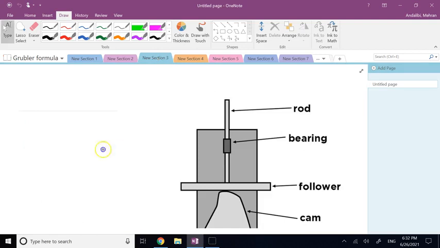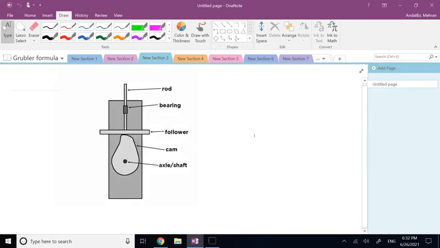Now, let's look at another example here. Let's say we have a cam and follower mechanism. So this object is your cam, and this object that goes up and down is the follower. The follower is limited to move inside this bearing, so all it can do is go up and down. And this cam is pivoted down, so all it can do is rotate. As this one is rotating, this one is going up and down, and this is what you see in your cars.